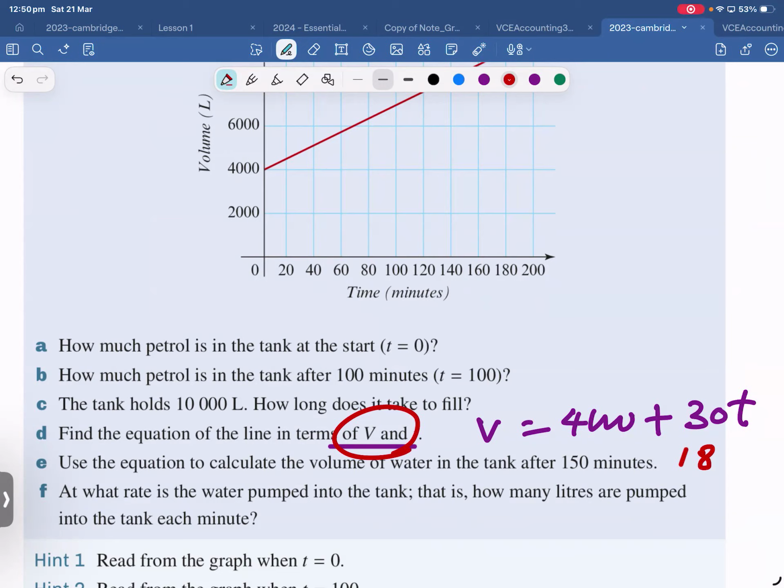So it is 30 times 150 plus 4,000, which is, you have to calculate. Tell me. 8,500. Yep.